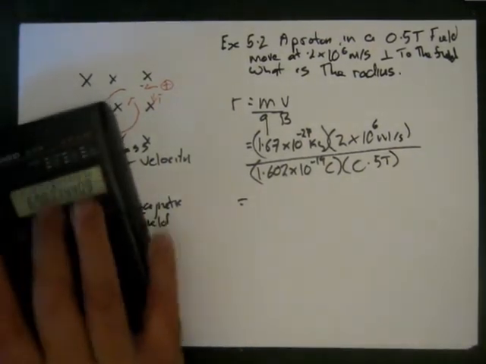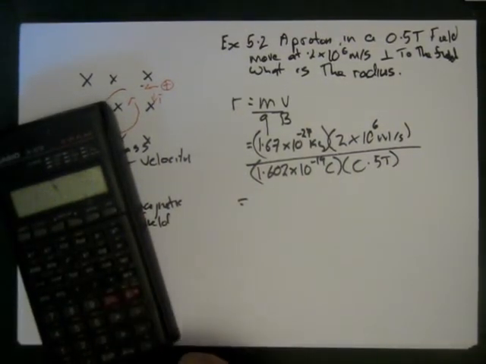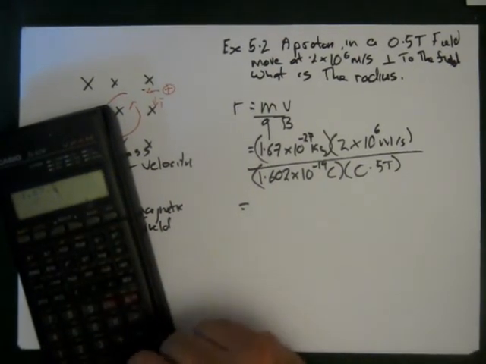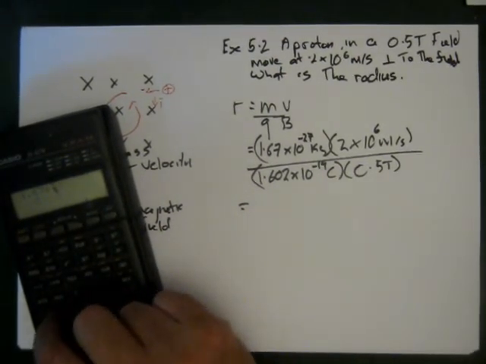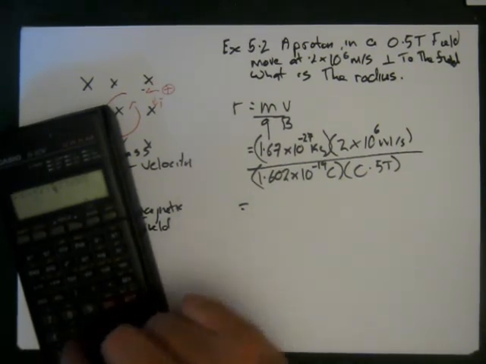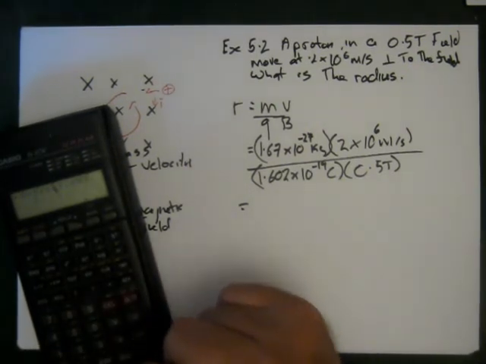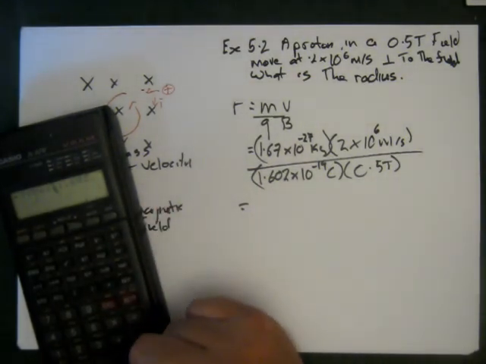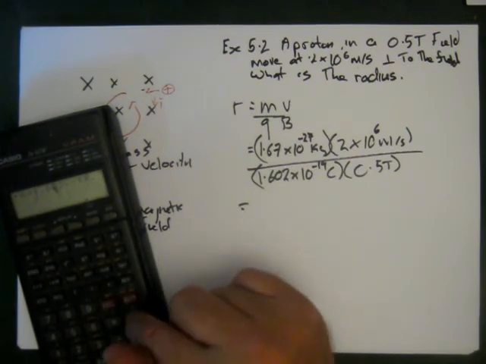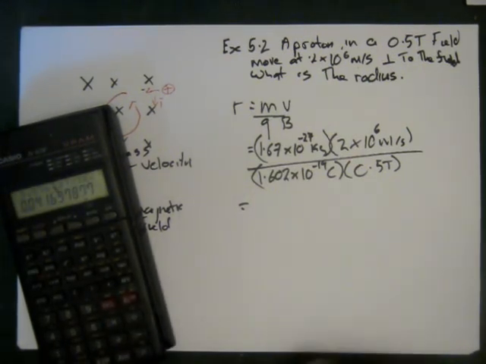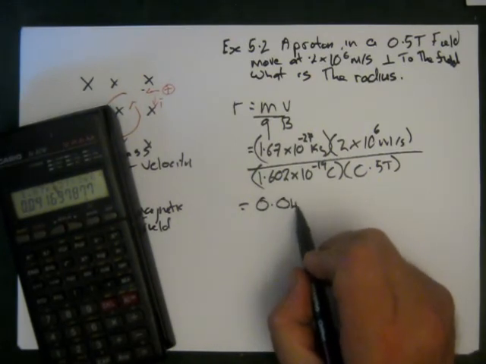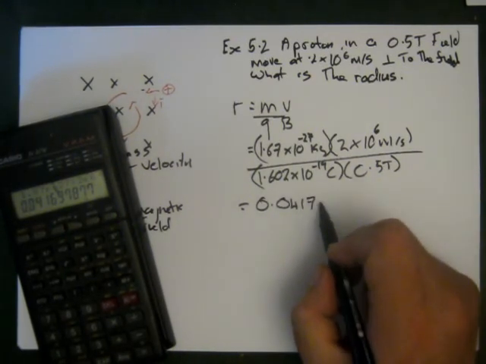Now again, we stick this all through the calculator: 1.67 x minus 27 times 2x6 divided by 1.602 x negative 19 divided by 0.5 equals 0.0417 meters.